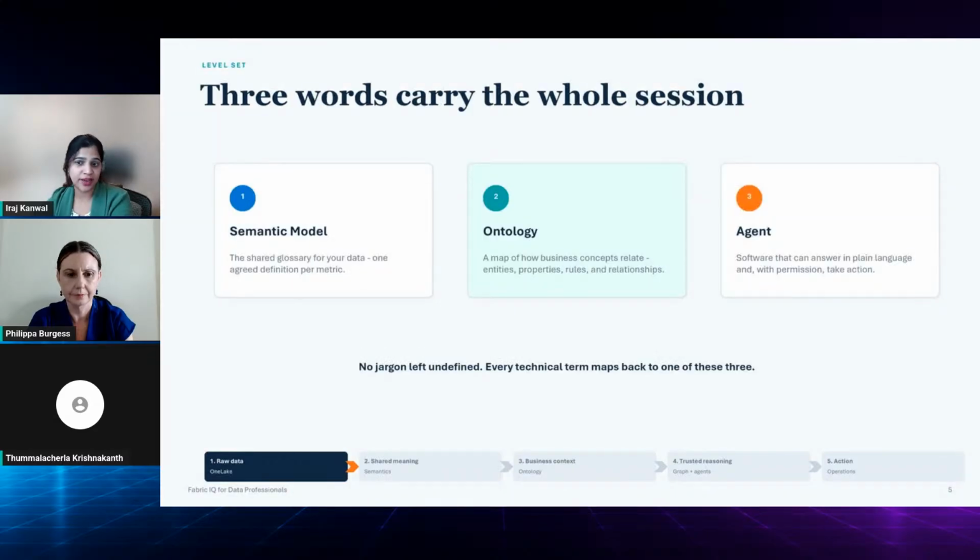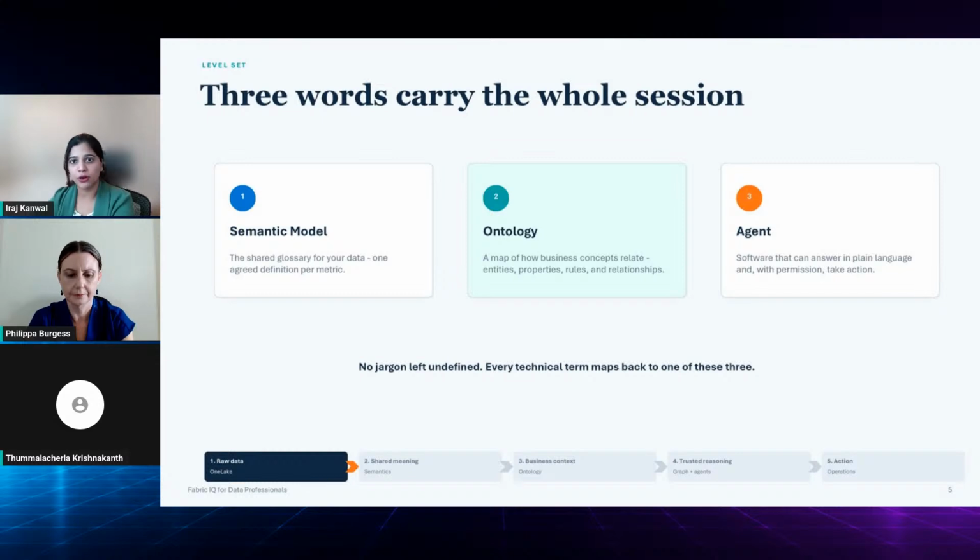This session will carry these 3 words, which are going to be really important for your own understanding. So before we go further, let us define the 3 words carefully: semantic model, ontology, and agent. A semantic model is the shared glossary or the rule book for the data. It defines metrics, measures, tables, relationships, and security.